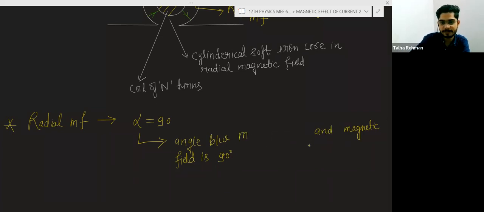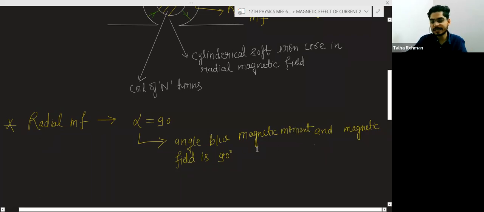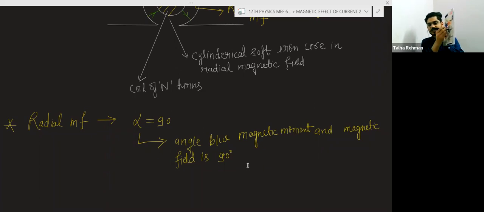Right here, angle between the magnetic moment and the magnetic field is 90 degree. Okay, suppose initially your coil is like this. So this is the direction of the magnetic moment, perpendicular to the plane of the coil, and when this coil will rotate, the direction of the magnetic moment will change.